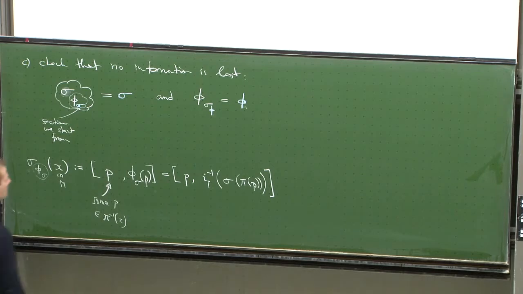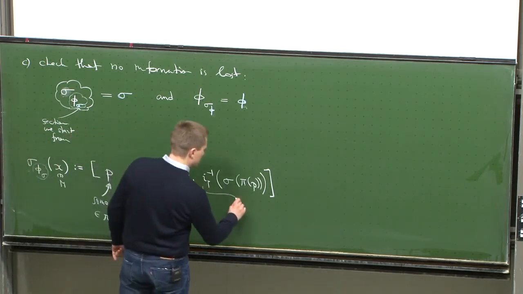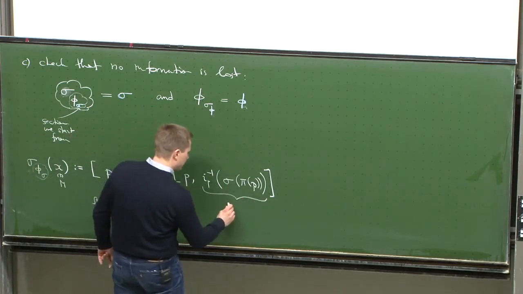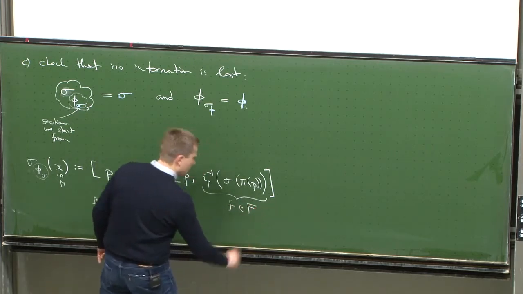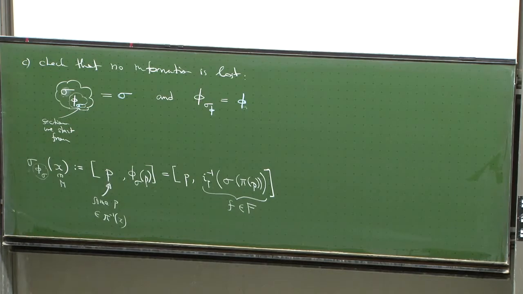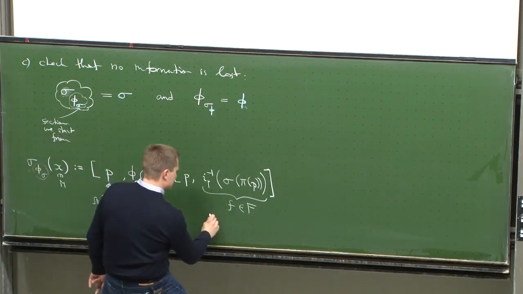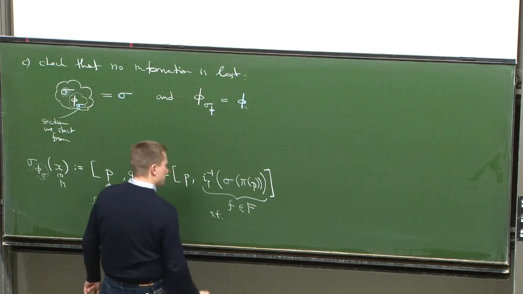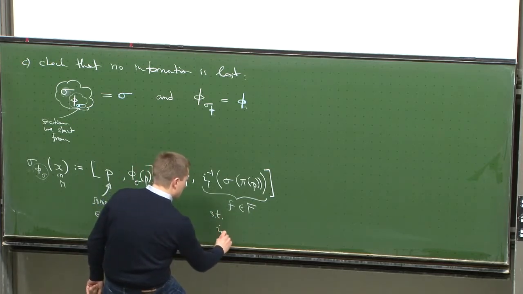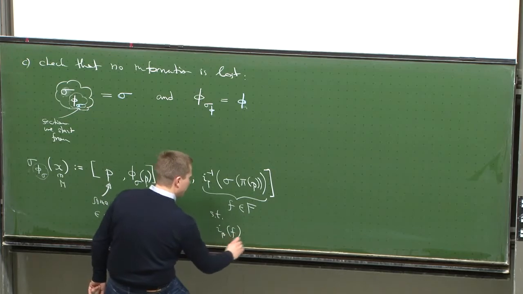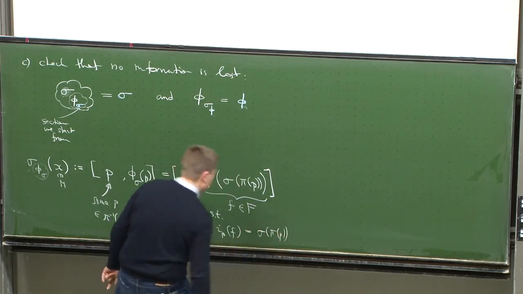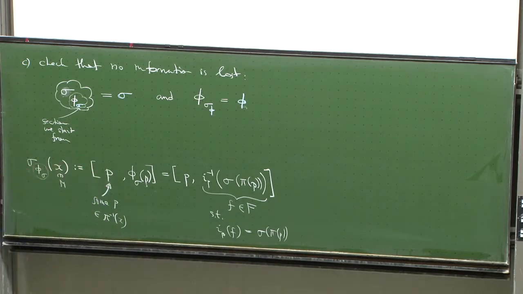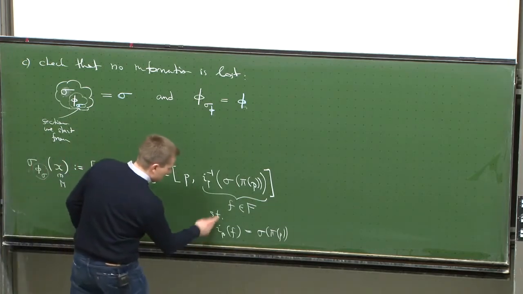Now, what kind of object is this? This is an F in the fiber F, because IP inverse goes back to the fiber F, such that IP of F is exactly sigma of pi of P. That's not such a secret, that's just the definition.